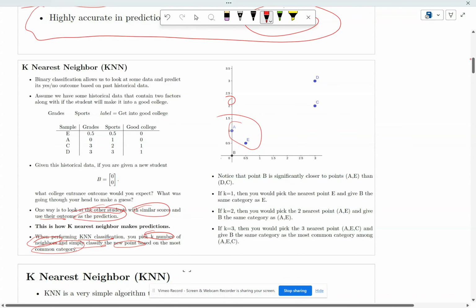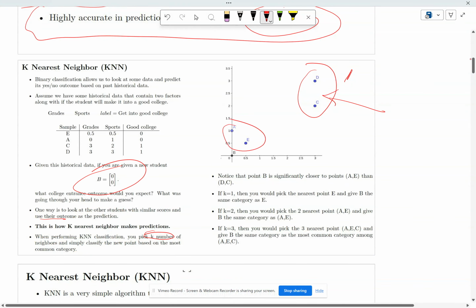And then we have C and D, which are labeled 1. So these ones made it into the good college, these ones did not. Now, based on this information, we have a new point, B, which is right here, at 0, 0. You look at the nearest neighbor, which would be this one, and ask what is their category? If their category is 0, you assign B the same category as them. And that is basically it.